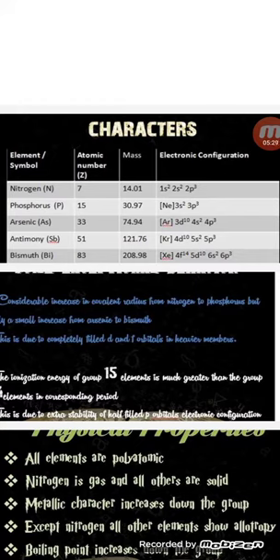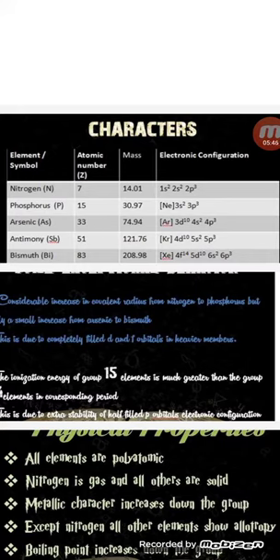Like, if you see the difference between the atomic radius of nitrogen and phosphorus, it will be much higher compared to the difference in the increase in atomic radius from arsenic to bismuth.